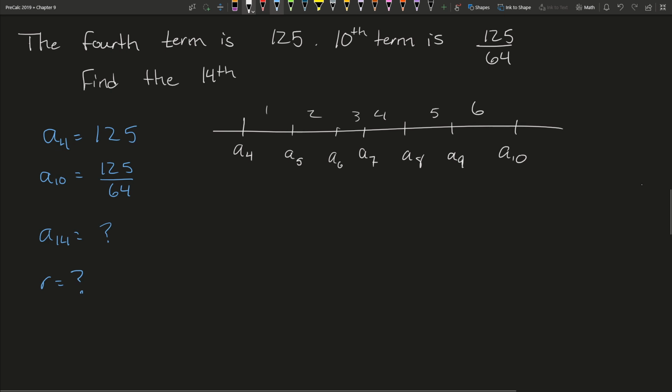Okay, so we can write a rule from that. We don't necessarily need the first term in this case. And this, I think, kind of answers the question about A0 versus A1. We can make A4 our first term.